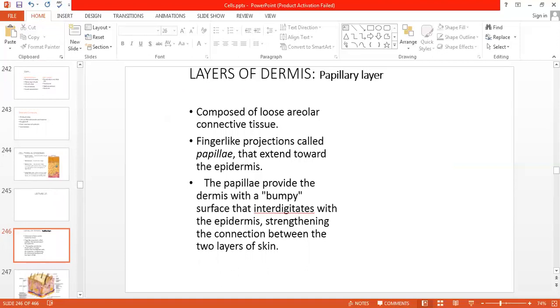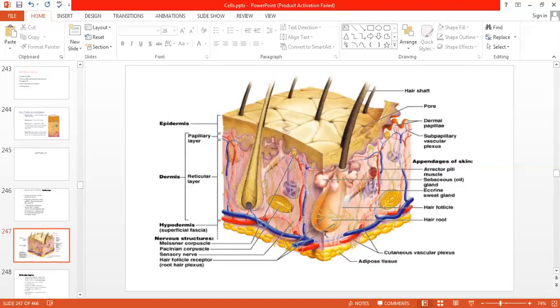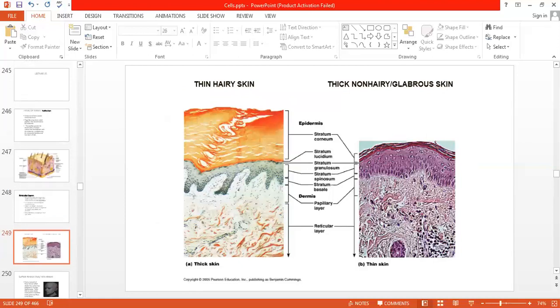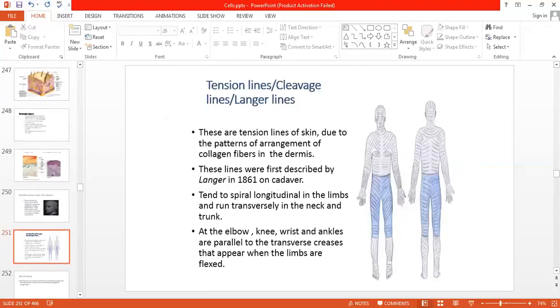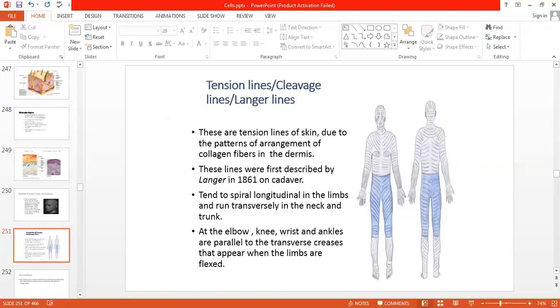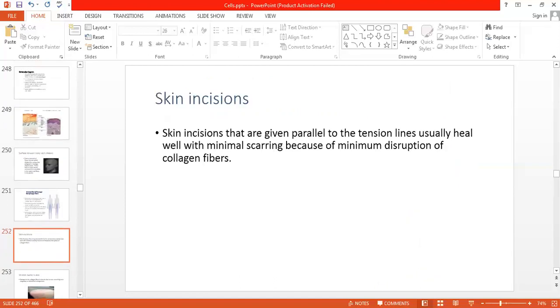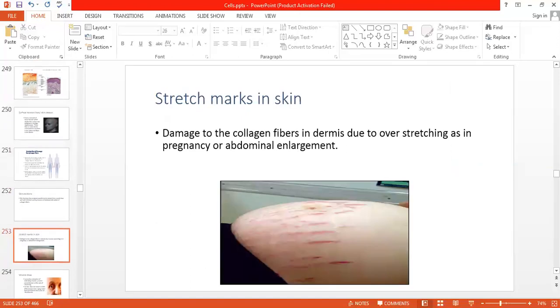We talked about the dermis also, the reticular layer of the dermis. We discussed surface tension lines, cleavage lines, and Langer lines. Regarding skin incision, we provided the knowledge of how we use these lines to make an incision in the skin.